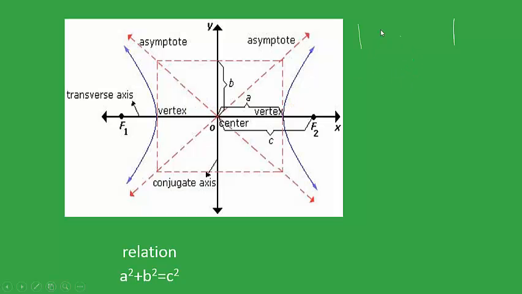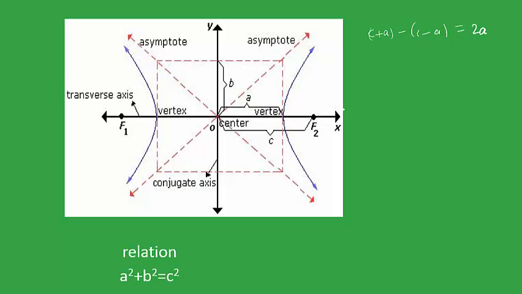Let's write down the first difference: c plus a minus the distance of the second vertex from this particular point, which will be c minus a. So the difference is equal to 2a, which, as you can see by analogy with the ellipse, where the sum of the distances from the two foci was equal to 2a. So we have here the distance difference equal to 2a.